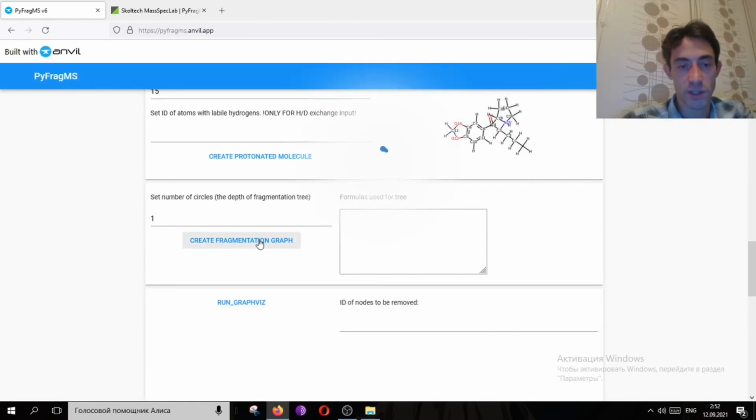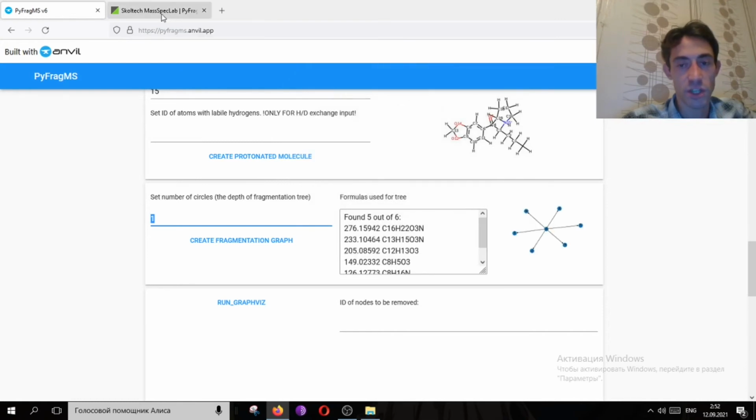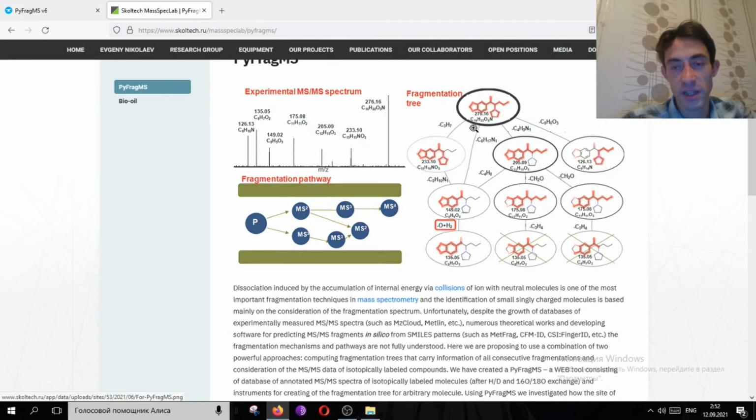We just press create fragmentation tree. Here in this field, we can specify the number of cycles, the depth of the fragmentation tree. What is the depth of the fragmentation tree? Basically, you can understand the concept of depth like this.